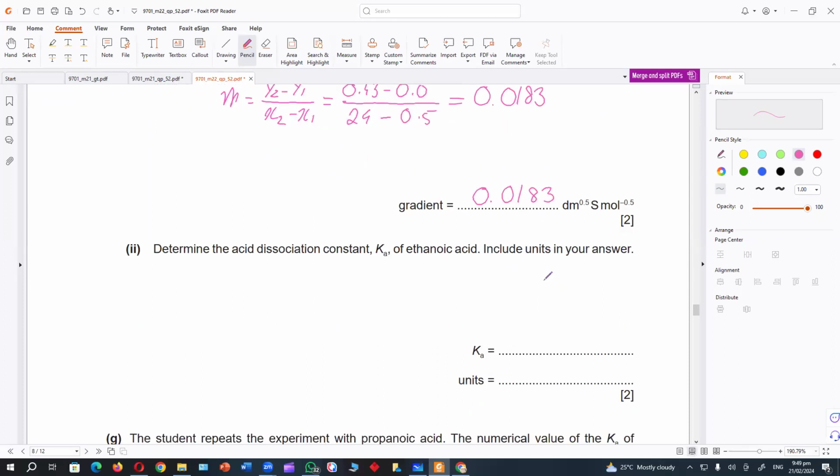Determine the acid dissociation constant of ethanoic acid. Include units in your answer. So how do we do that?